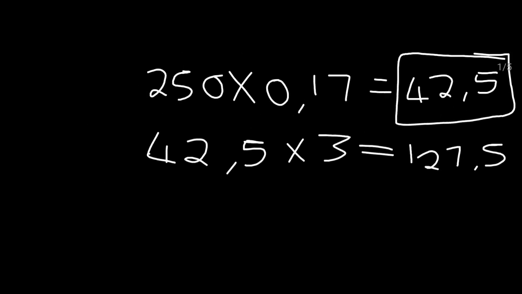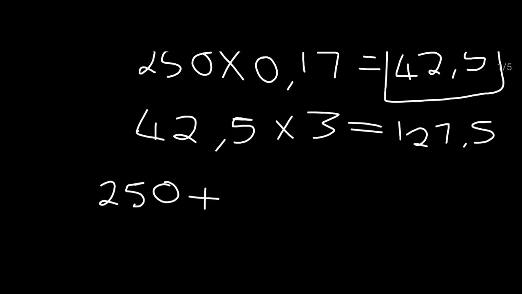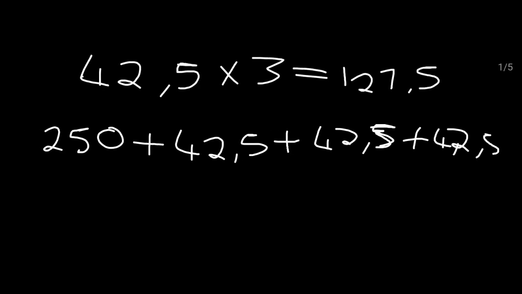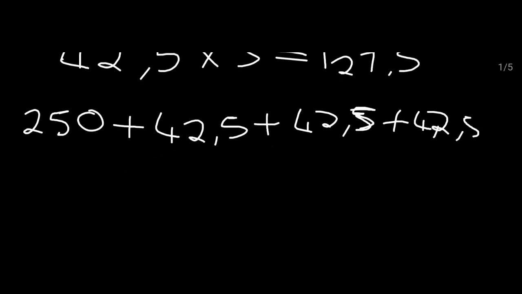Okay, before that, let me find the final answer. In the bank, the person took a loan of 250 rand, so they already charge him interest of 0.17. When he pays it back, it is 250 plus the interest amount of 42.5. His debt is 250, and for every year he does not pay, we add the interest of 42.5.